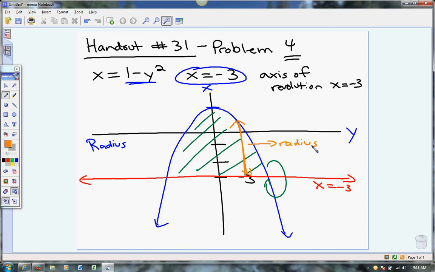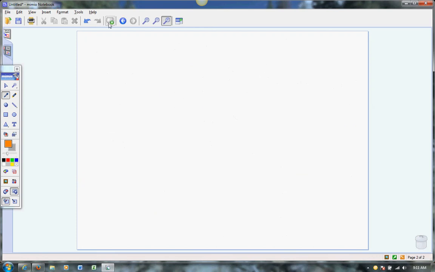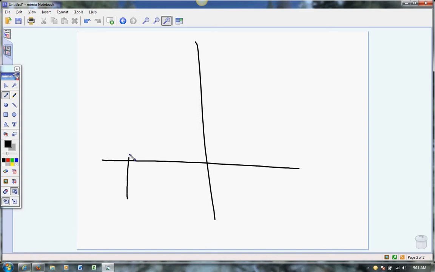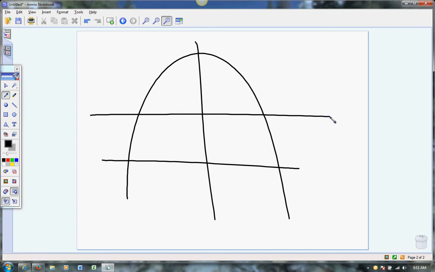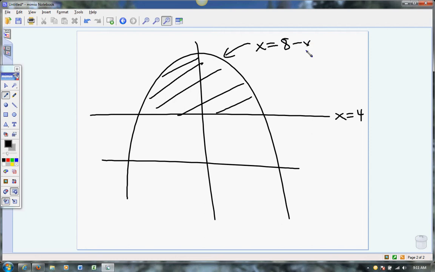Well, to understand that better, it's probably best to look at a different situation. What if I had a regular old function that was cut off by a line up here, and then I was rotating this around this line right here. Let's say that this was x equals 4, and this was the function x equals, let's say, 8 minus y squared.